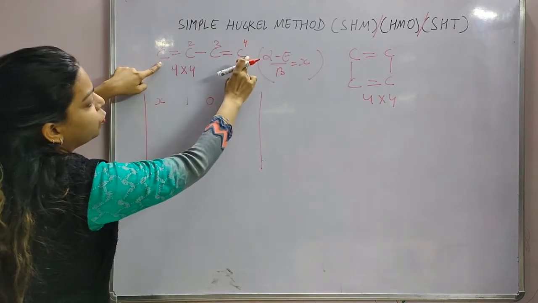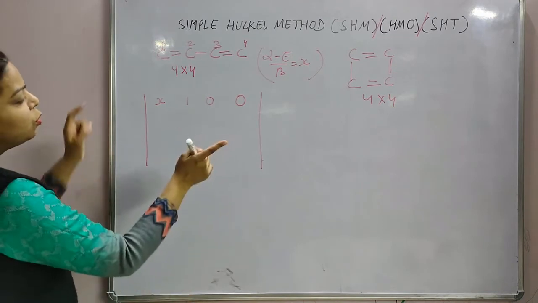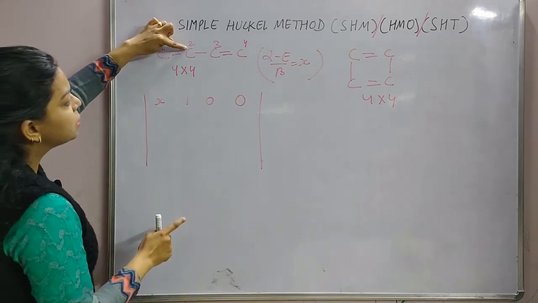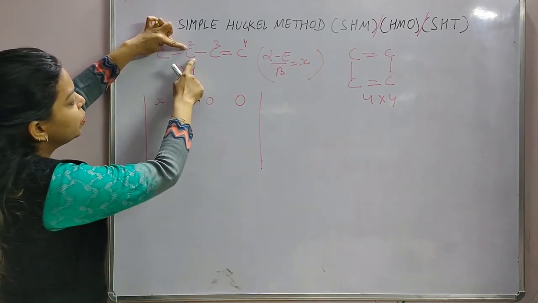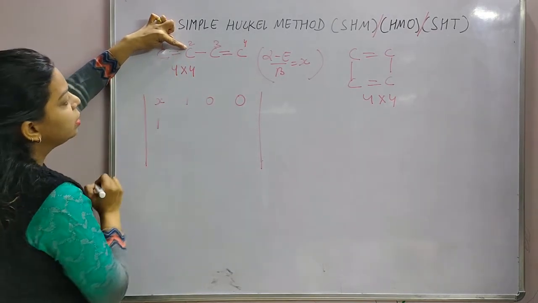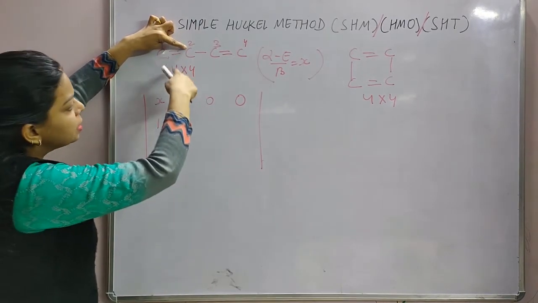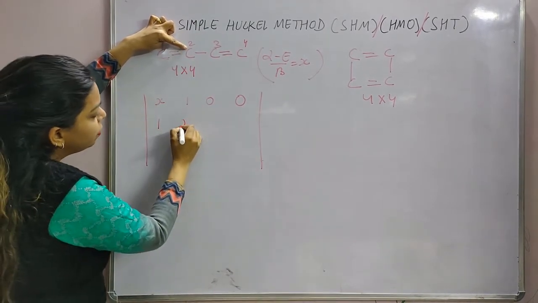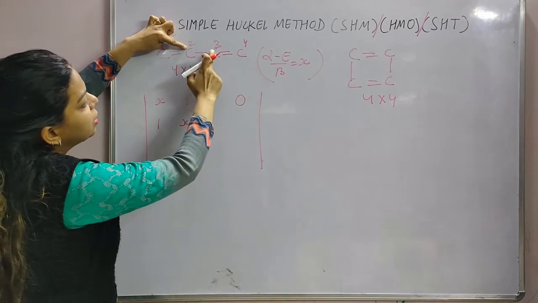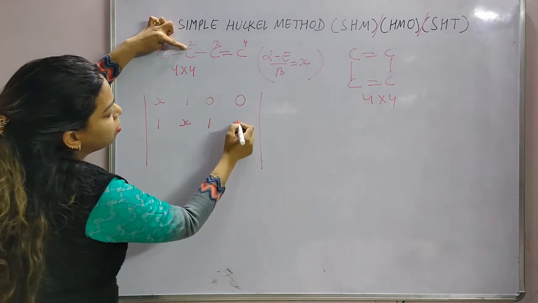It is not connected to the fourth carbon atom, 0. Right. Let's move to the second atom, C2. Now C2 is connected to the first atom, hence 1. It is connected to itself also, meaning it is completely overlapping with itself, X. It is connected to the third atom, 1. It is not connected to the fourth atom, 0.